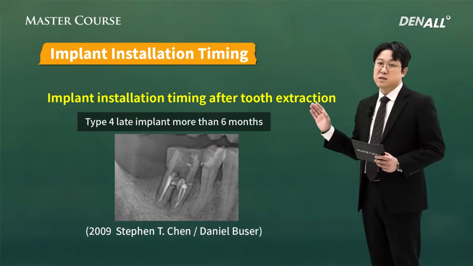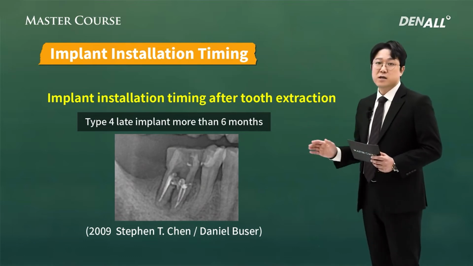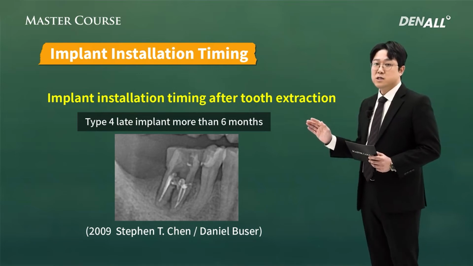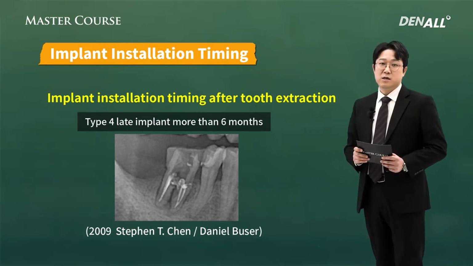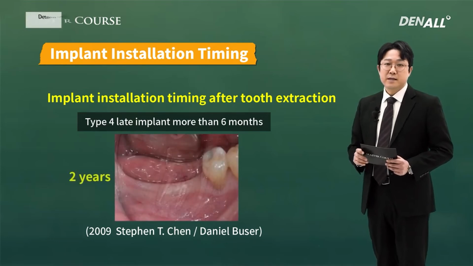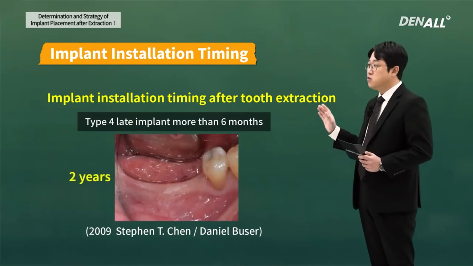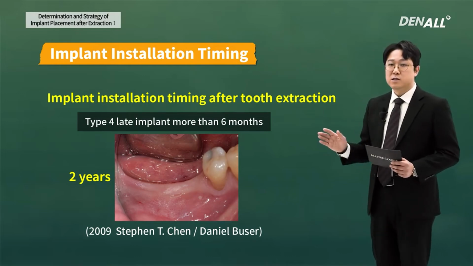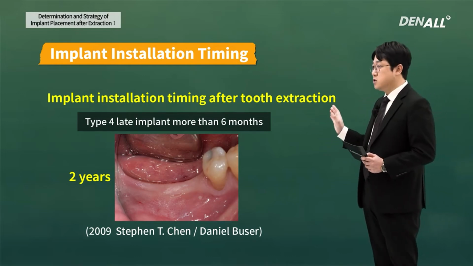Type 4. You wait for over 6 months. Buccal bone loss and tooth caries led to tooth extraction. In number 46, the patient returned after 2 years. This is the oral state when she came in.